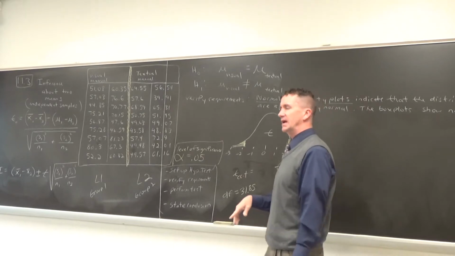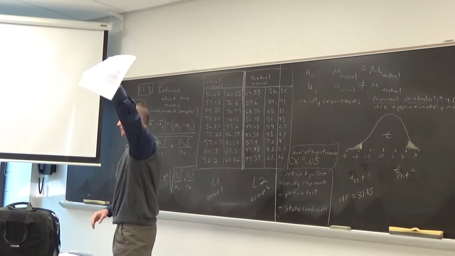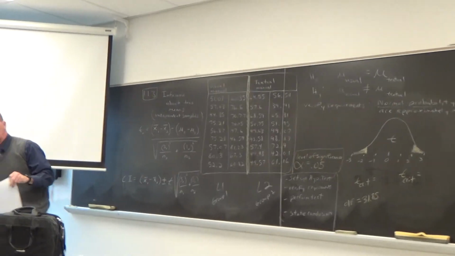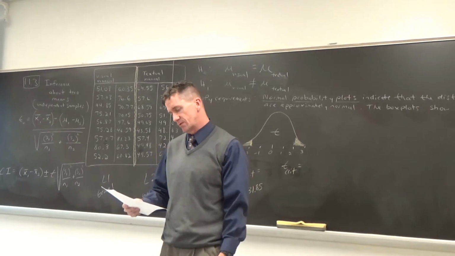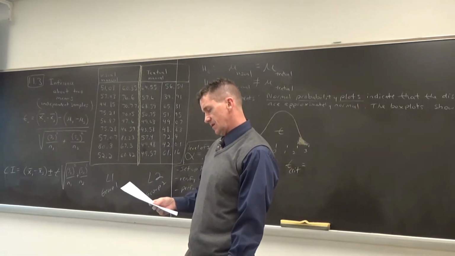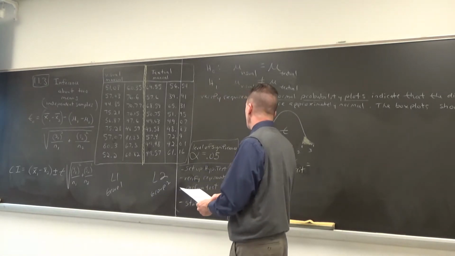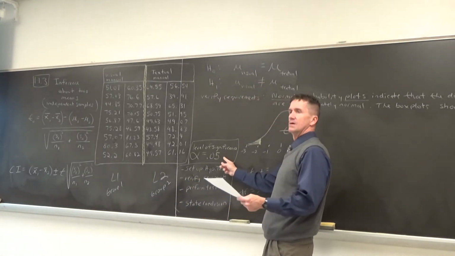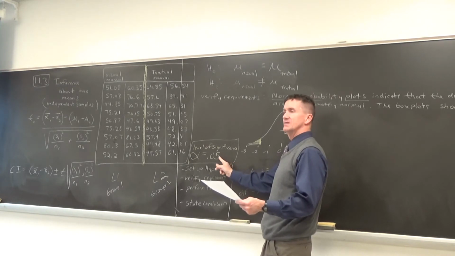So I'm going to use the t-table to get this. Degrees of freedom, 31.85. What's the closest on this table to 31.85? 32, so 30. There's a 30. So I'm going to use 30. And then what's the alpha level? 0.05, right?